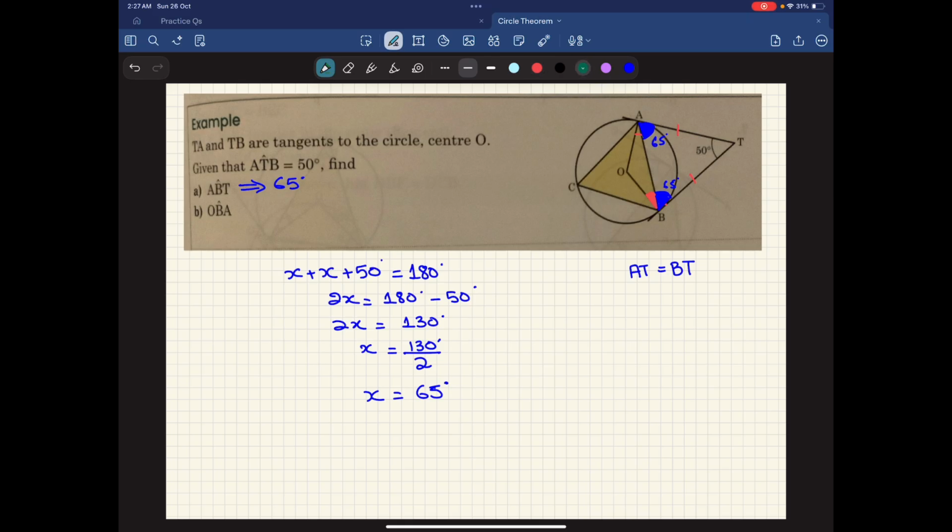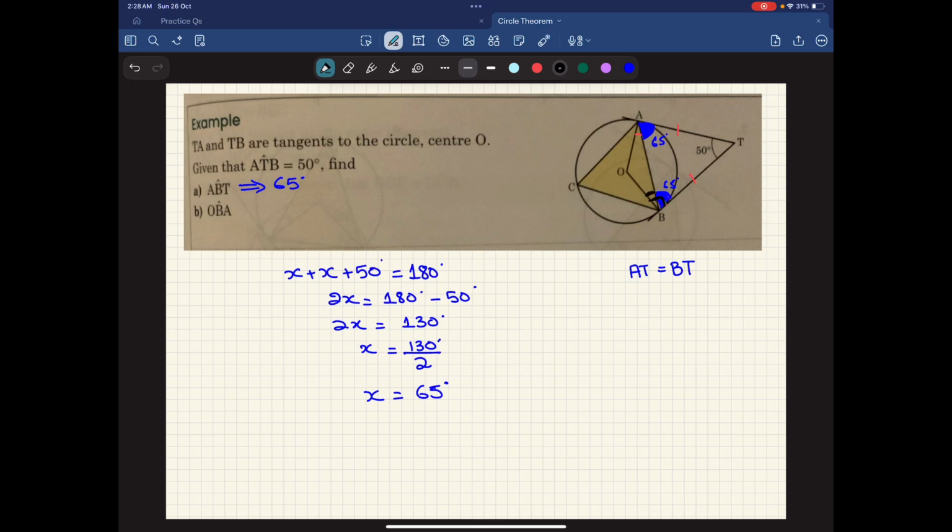So this is 90 degrees and we need to find this angle.